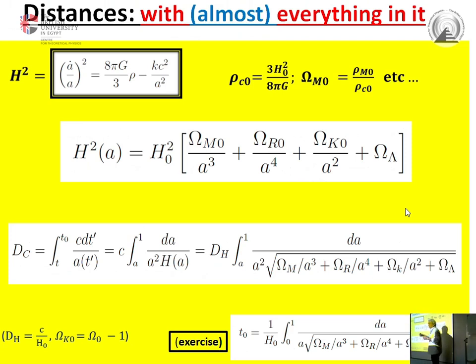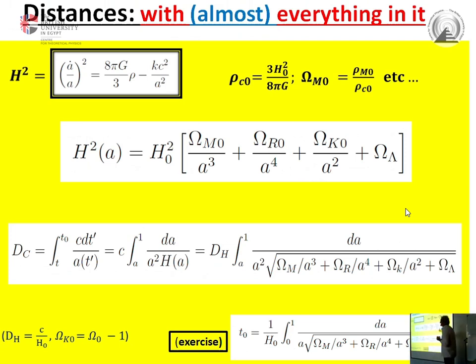There's matter that scales as 1 over a cubed, because simply the mass is conserved and the volume increases as a cubed. Radiation also redshifts, so the energy of each photon decreases as a, and the number of photons per volume, in the expanding volume, decreases as a cubed, so it's a cubed times a, giving a to the 4th.